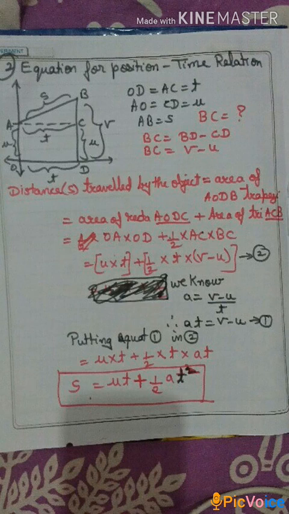Then equation 2 can be written as s = u into t plus half into t into at. Finally we get the second equation, which is derived as s = ut + ½at².